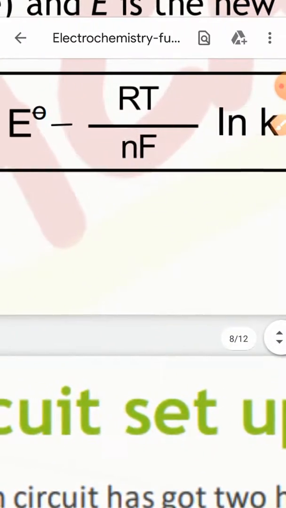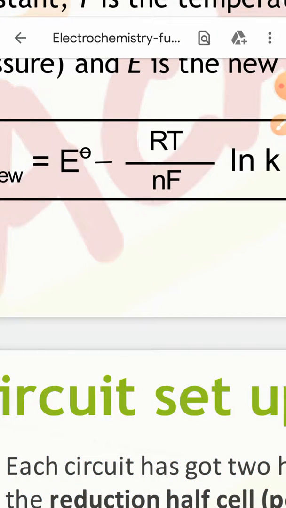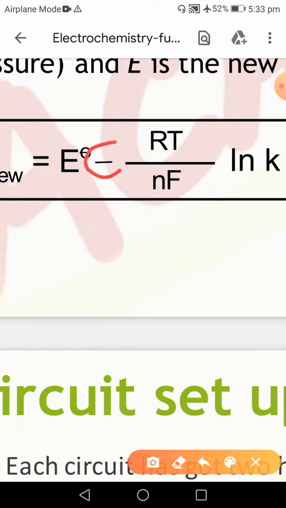Now there is an issue that in some books you will find a positive sign here.